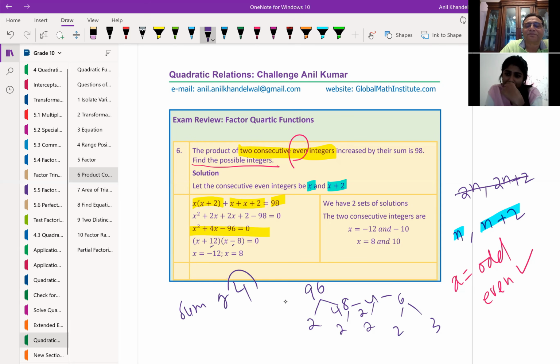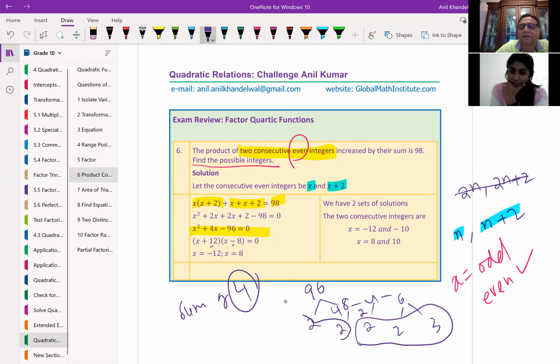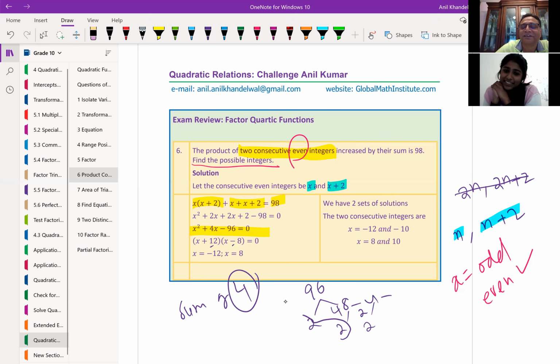Is that clear? So the 24 splits into like 2 and 12, or 6 and 4. 24 splits into 12, and then we get 2 and 6, and then 2 and 3, correct.